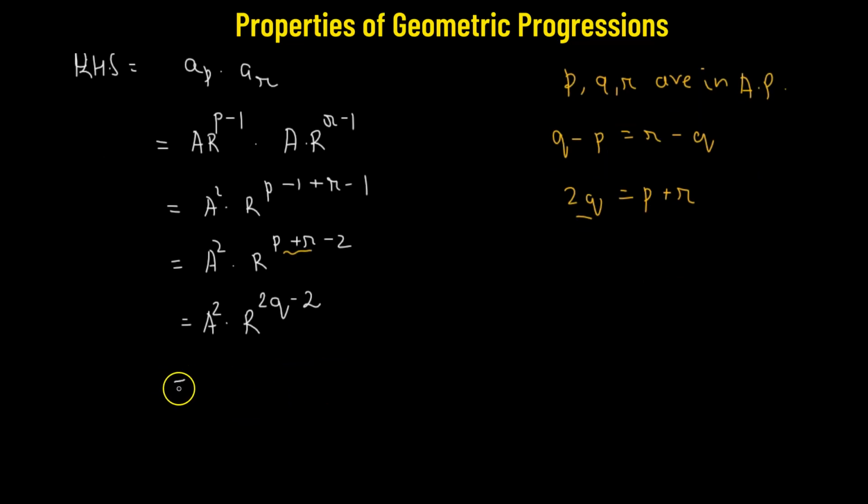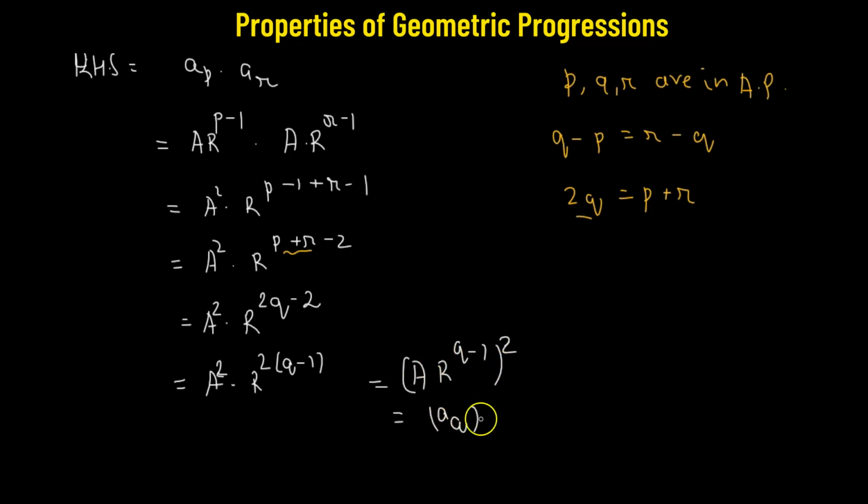We can now rewrite this as A squared multiplied by R raised to the power of 2 times Q minus 1. So we can raise everything to the power of 2: A times R raised to the power of Q minus 1, whole squared. And this is nothing but the Qth term. So this is the Qth term whole squared, which is the expression on the left hand side. So we have successfully shown that the Pth term, Qth term and the Rth term are in geometric progression, provided P, Q, R are in AP.